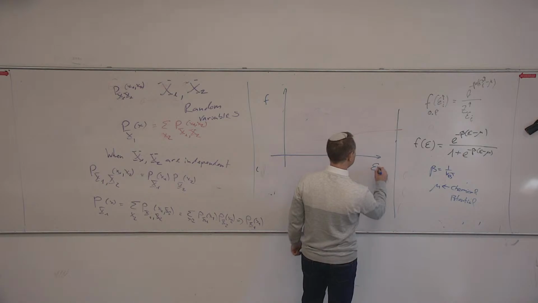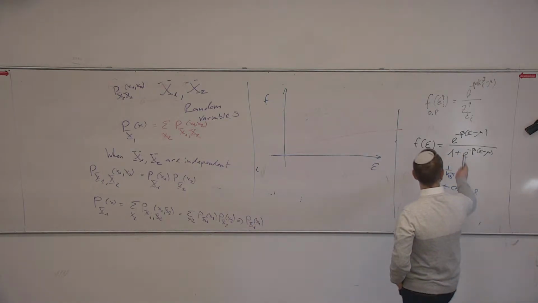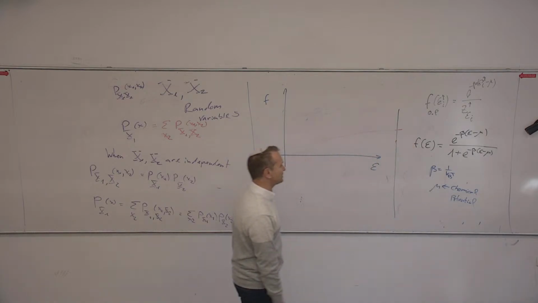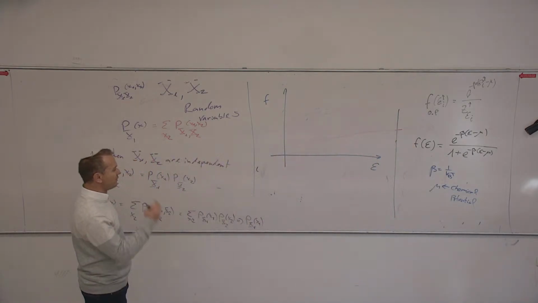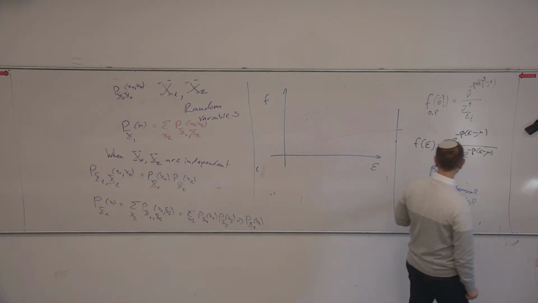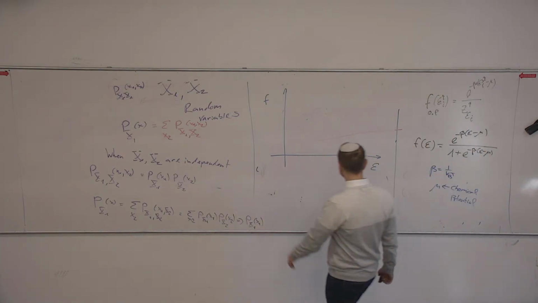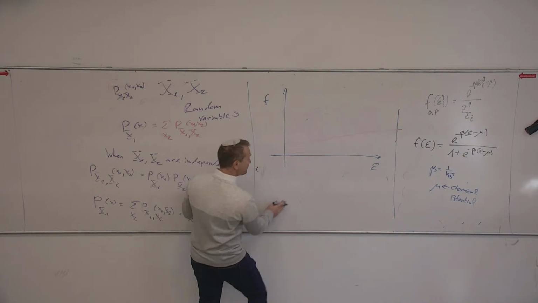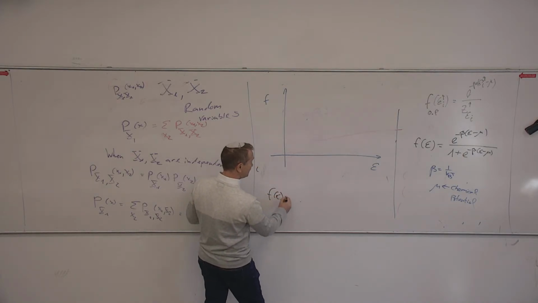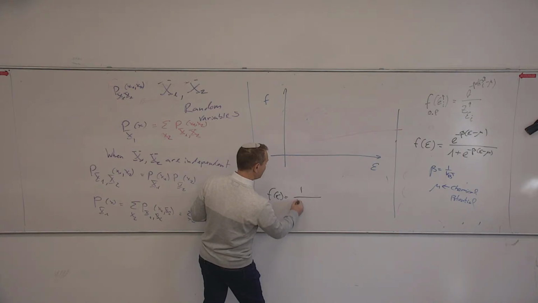This is our epsilon. Let's see what happens to this function. First of all, I know the following. No matter what my temperature is, when epsilon is very, very large, let's write it even differently: F of epsilon equals 1 over e to the power beta (epsilon minus mu) plus 1.